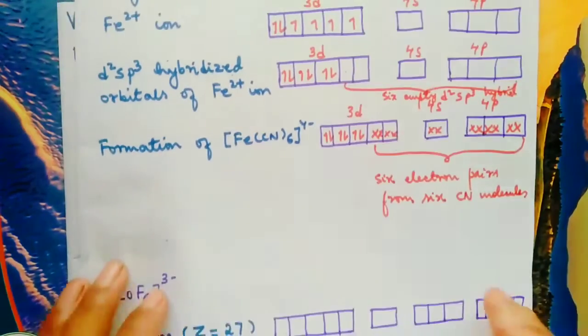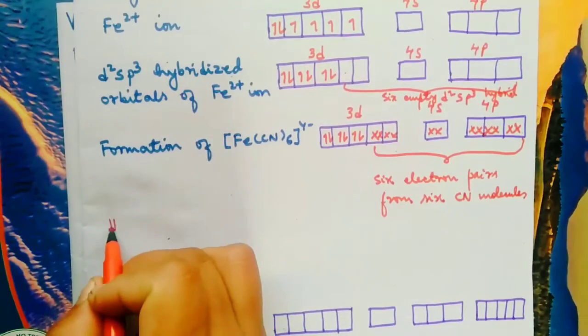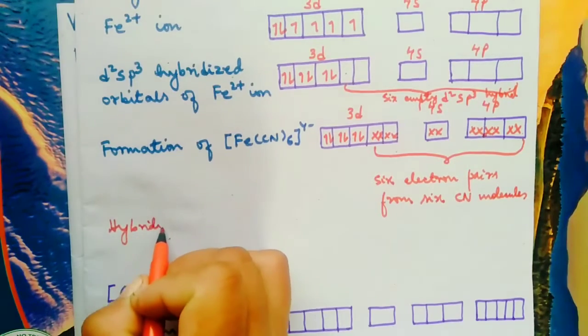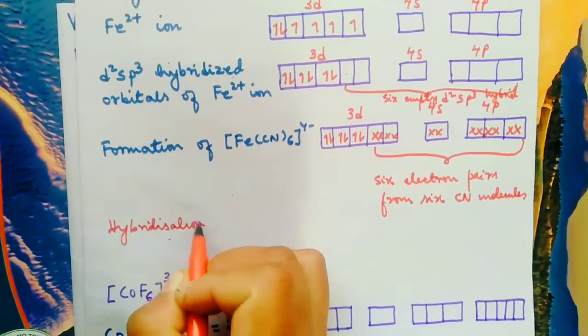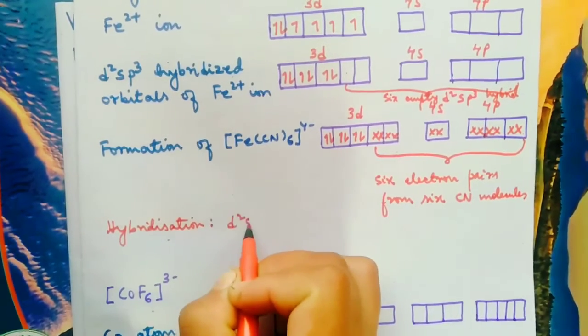So we see that, what is the hybridization? It is d2sp3.